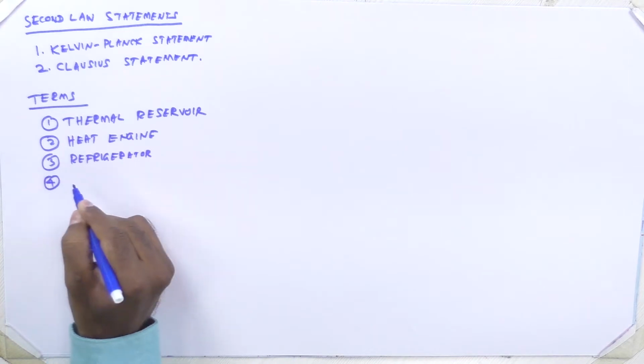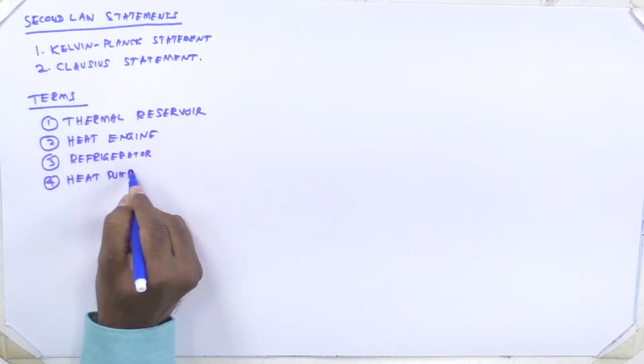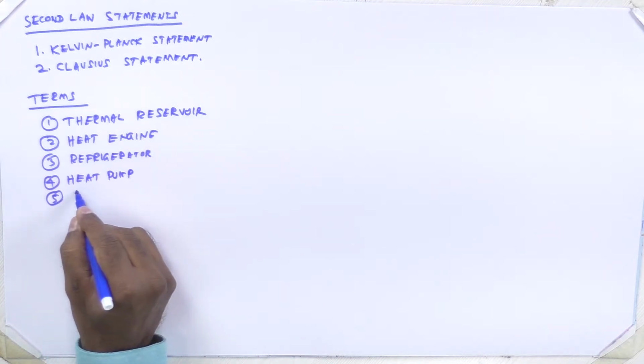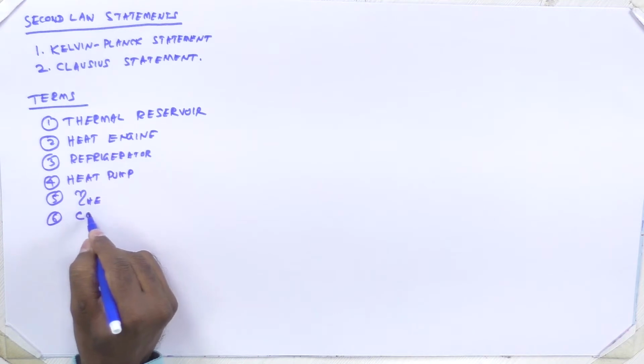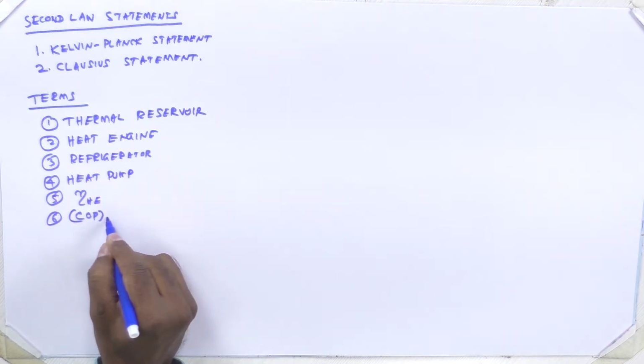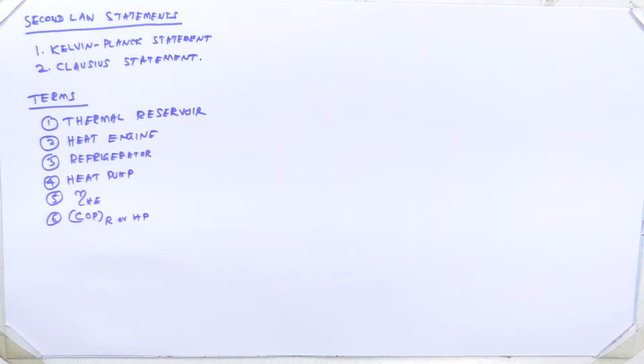Fourth one is heat pump. Fifth one is efficiency of the heat engine, and sixth one is COP of the refrigerator or heat pump. We have to define all these terms in order to get a clear idea about the second law of thermodynamics statements. So first let us define the thermal reservoir.